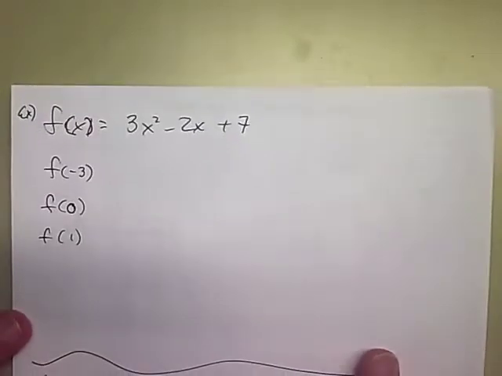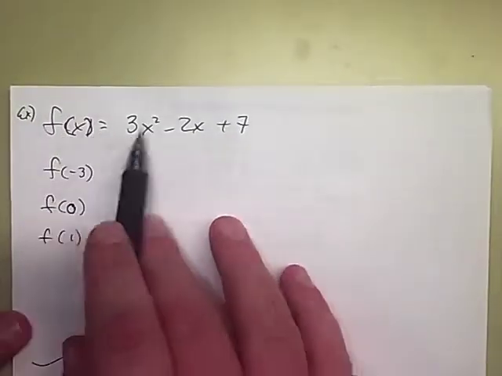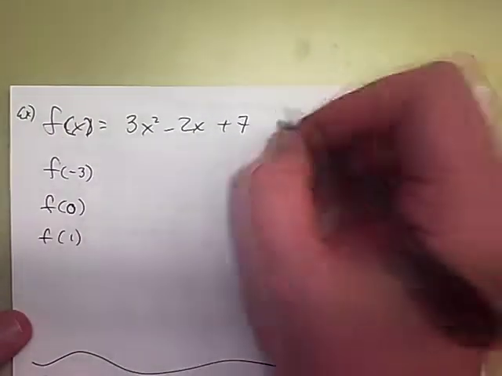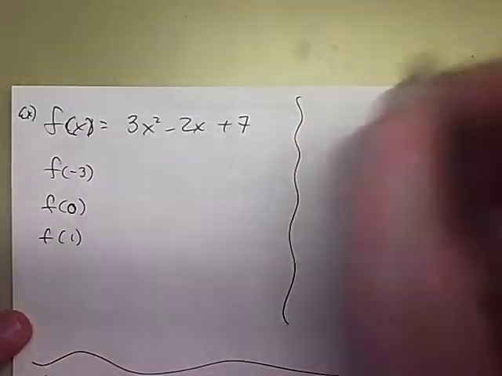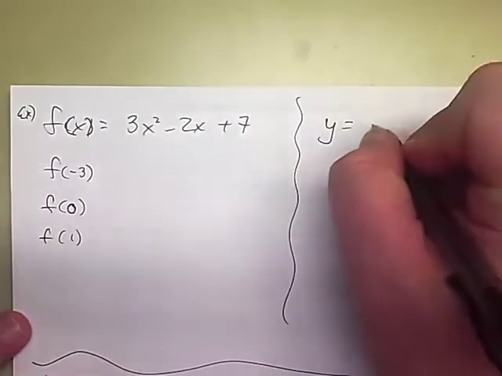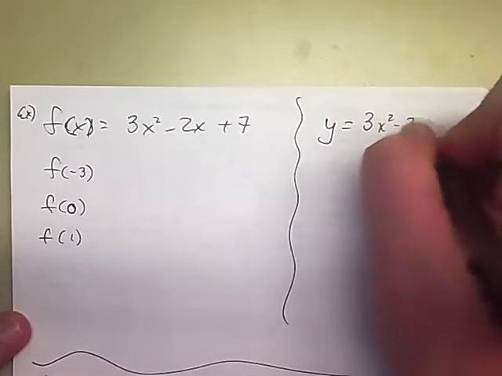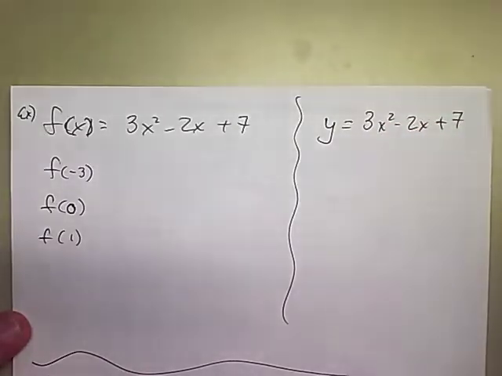All right, so here we have f of x equals 3x squared minus 2x plus 7. If we didn't have function notation, I could write this as y equals 3x squared minus 2x plus 7.